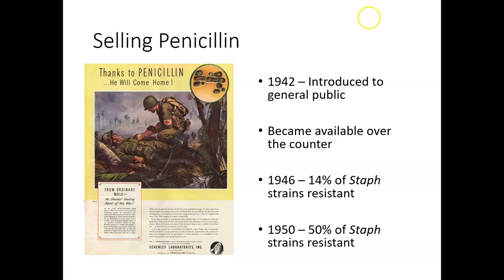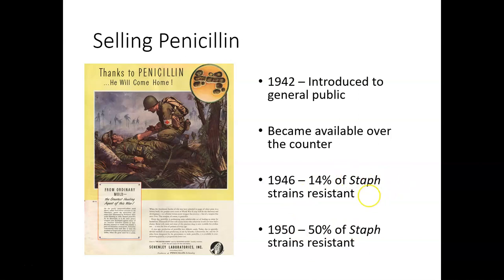A lot of them were bacterial infections, and a lot of them were everything else, like viruses. And so the use of penicillin just skyrocketed. And what ended up happening is, in just the 4 years after penicillin became introduced to the public, 14% of Staphylococcus, which is a nasty bacteria, 14% of those strains were resistant to penicillin because of its overuse.